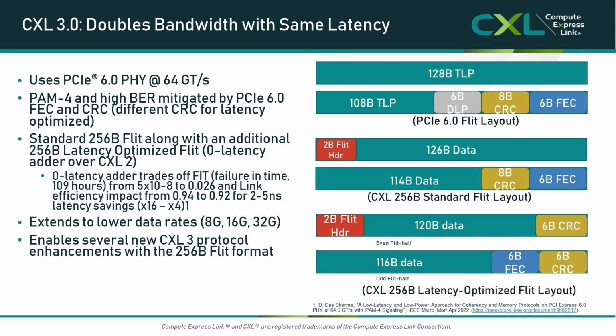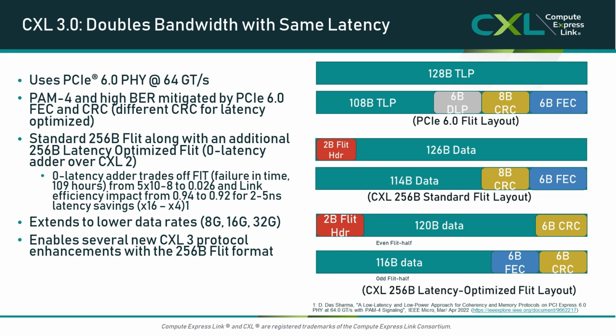Okay, so let's talk about specific features that got into CXL. With CXL 3.0, a major benefit over 2.0 was doubling the bandwidth. We switched to PCIe 6.0, which means we got 64 giga transfers per second transfer rate.